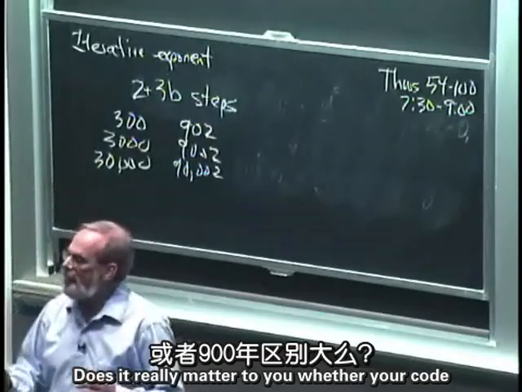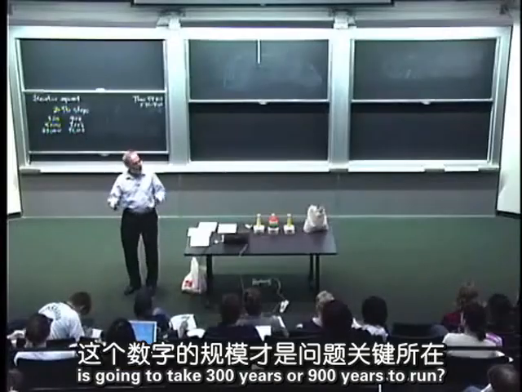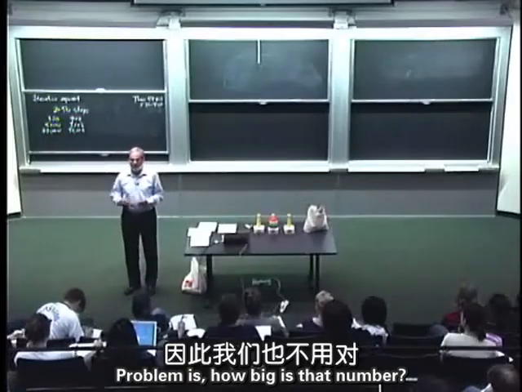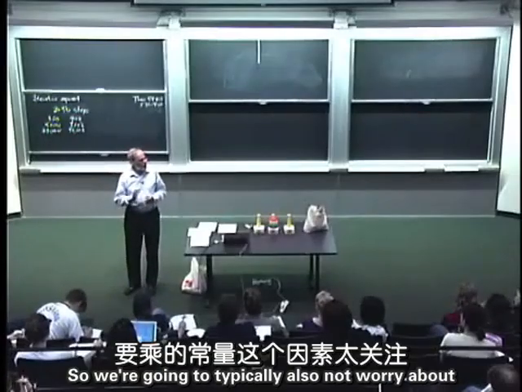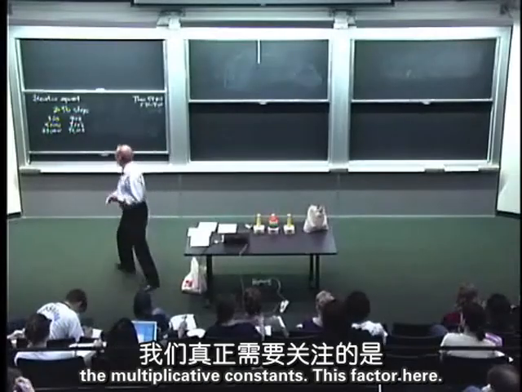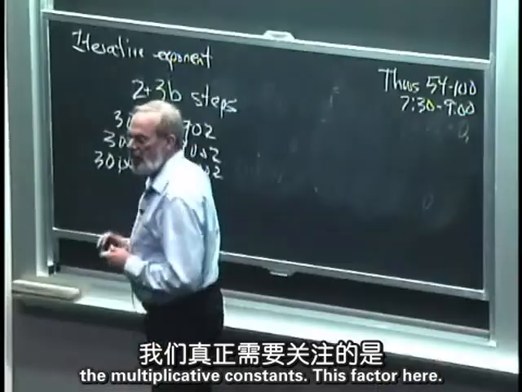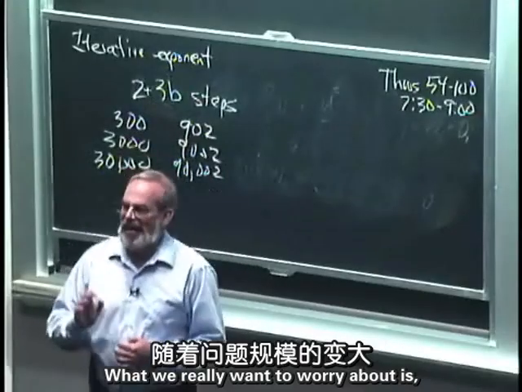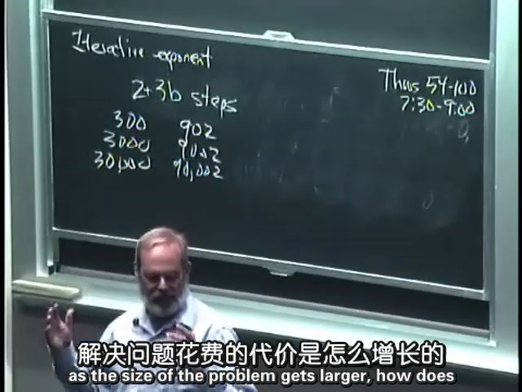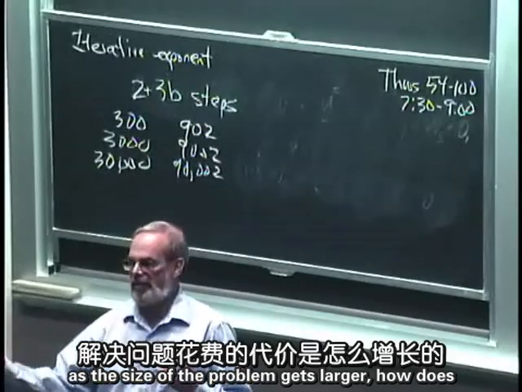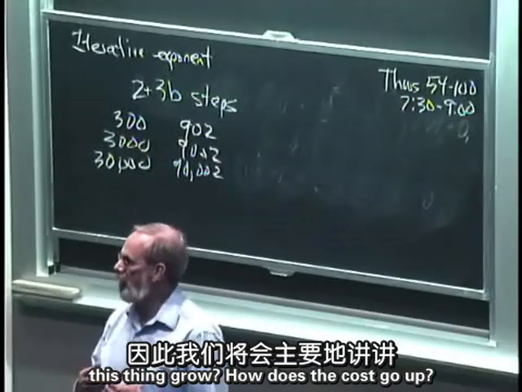Does it really matter to you whether your code is going to take 300 years or 900 years to run? Problem is, how big is that number? So we're going to typically also not worry about the multiplicative constants, this factor here. What we really want to worry about is, as the size of the problem gets larger, how does this thing grow? How does the cost go up?